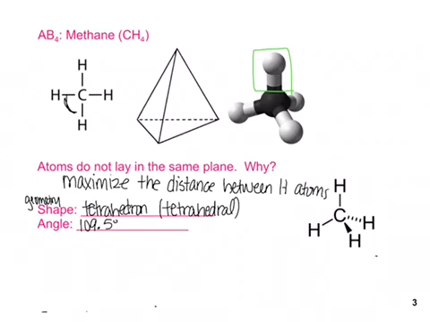Sometimes you'll see these drawings like this, and what you should notice is that this bond and this bond are drawn with the same regular lines. That means those 2 atoms are on the same plane.